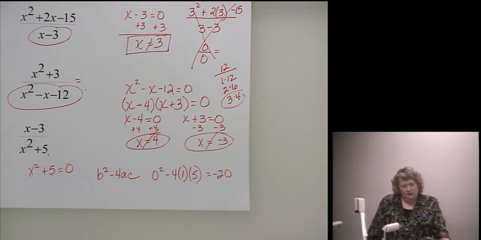Now, you can do it that way, but I also want you to just look at x squared plus 5. Think about the x values we can put in. We can put in a positive number. If I put in a positive number and square it, I'm going to get another positive number. A positive times a positive is a positive. Add it to 5. Am I going to get 0? No. If I put in a negative number, a negative times a negative, that's squaring it, gives me a positive.